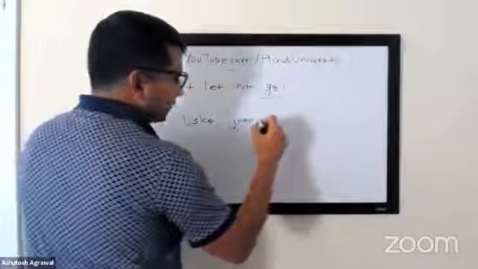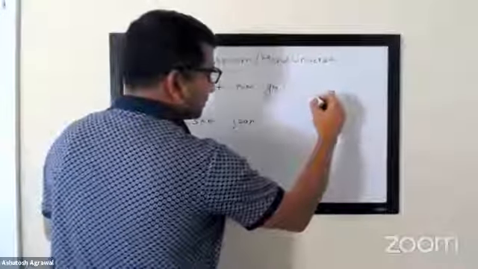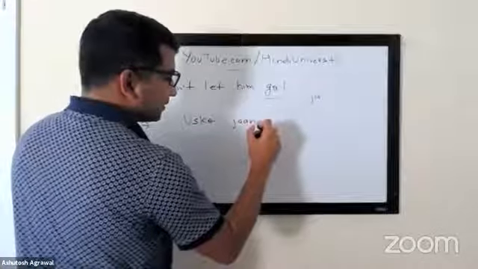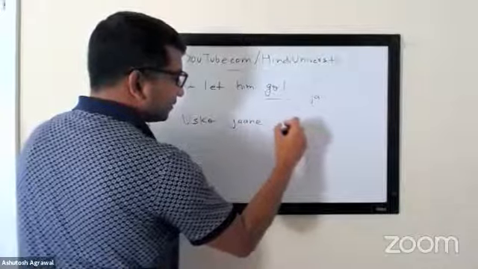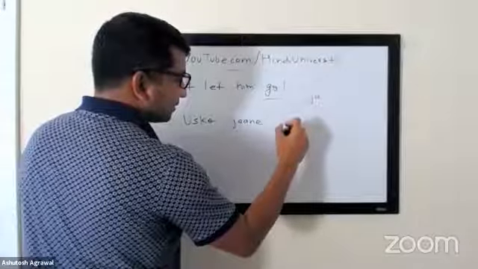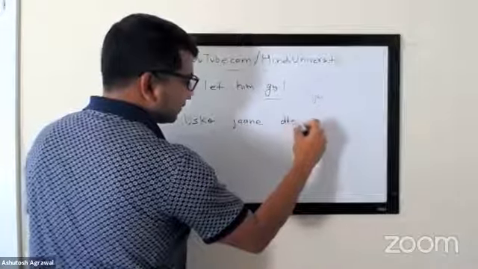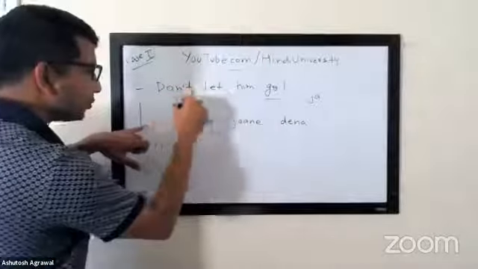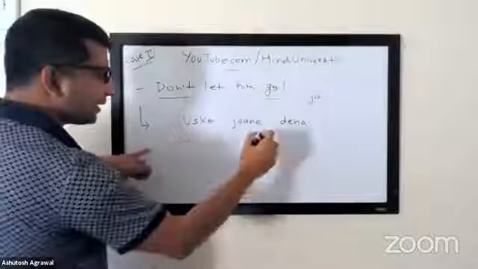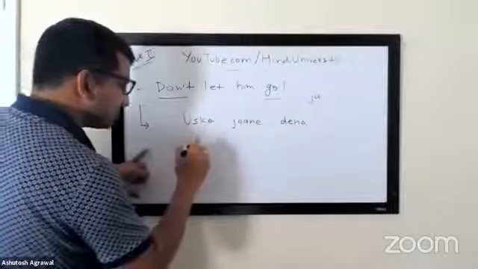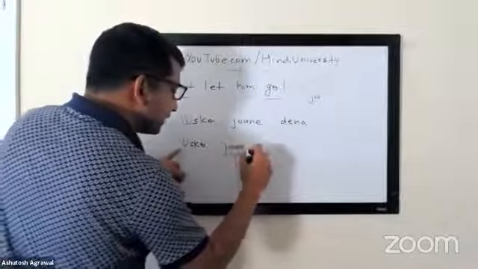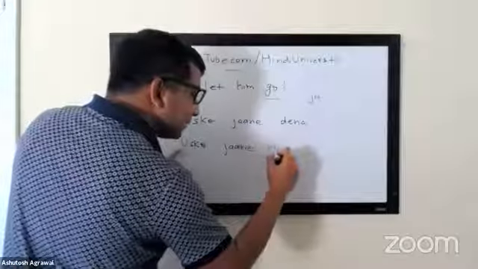Dia. Okay. So remember the verb is? Dena. Yes, very good. So usko jane. Very good. Dia, I said. So it's okay. You can use dena. And if you were to use don't, it would be usko jane dena is? Nahi before the verb. Okay. Yes. Usko jane. In this case, you will say mat.